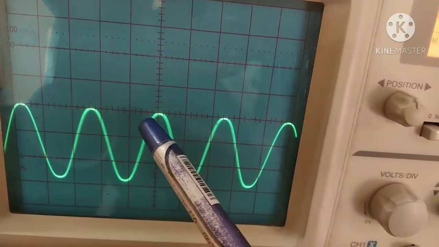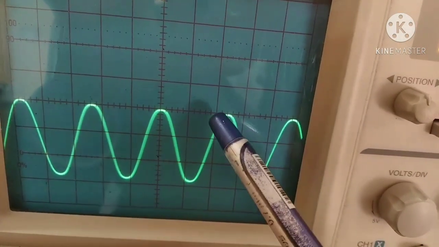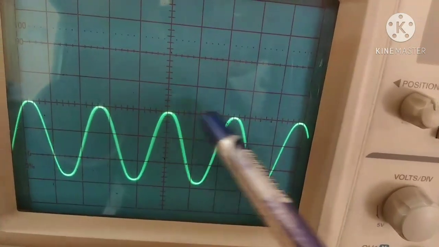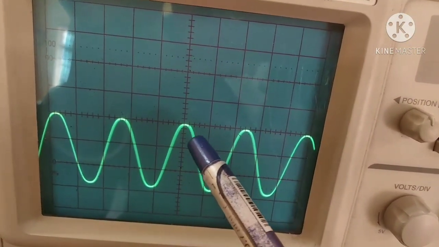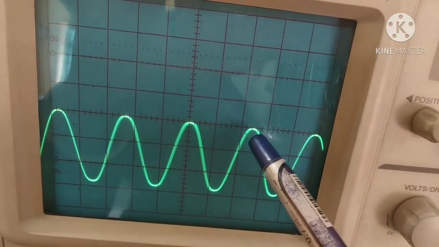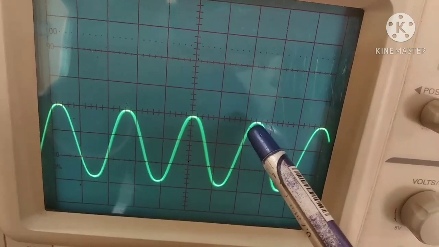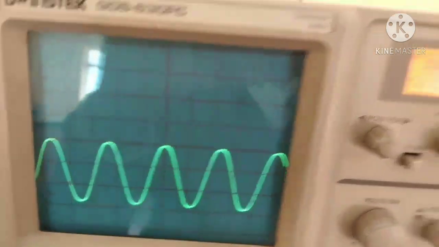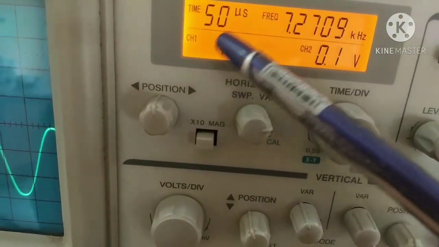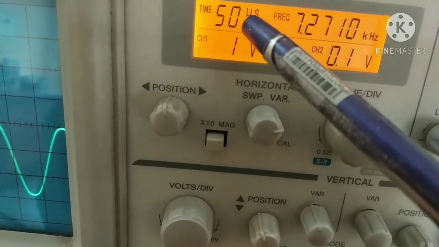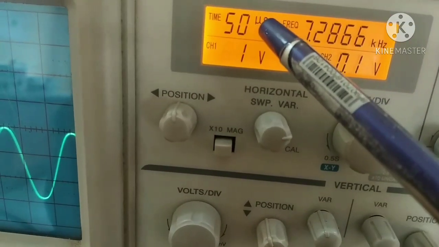Here we start counting from here to here. There is 1 cycle, which is 2 big divisions and 2 small divisions. The time per division value for channel 1 is 50 microseconds.